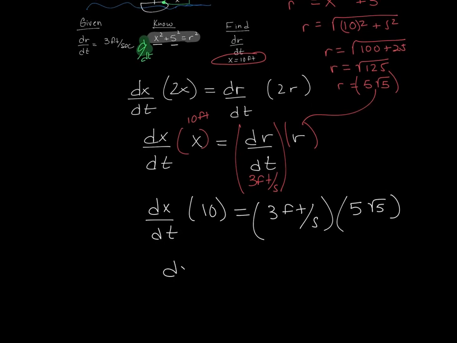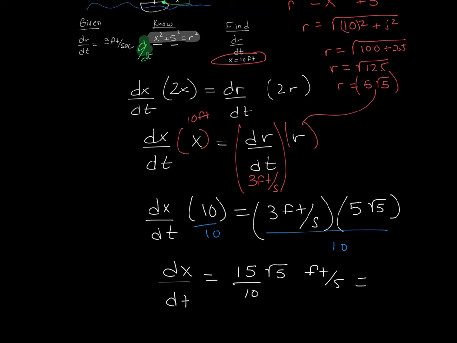So finally, I can say that dx over dt is equal to, dividing both sides by 10, and multiplying everything I have here, which gives me 15 square root of 5 feet per second, divided by 10, or reduced, 3/2 square root of 5 feet per second.